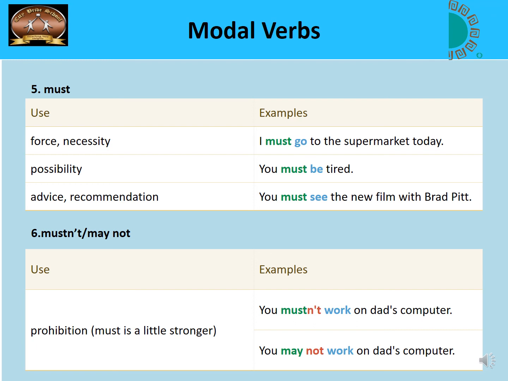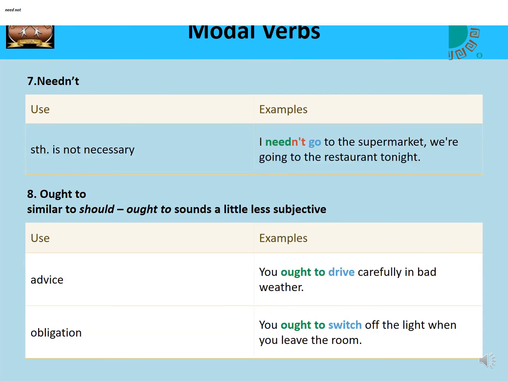You may not work on dad's computer. So both mustn't and may not suggest prohibition. Needn't. Again, something is not necessary. I needn't go to the supermarket. We're going to the restaurant tonight.